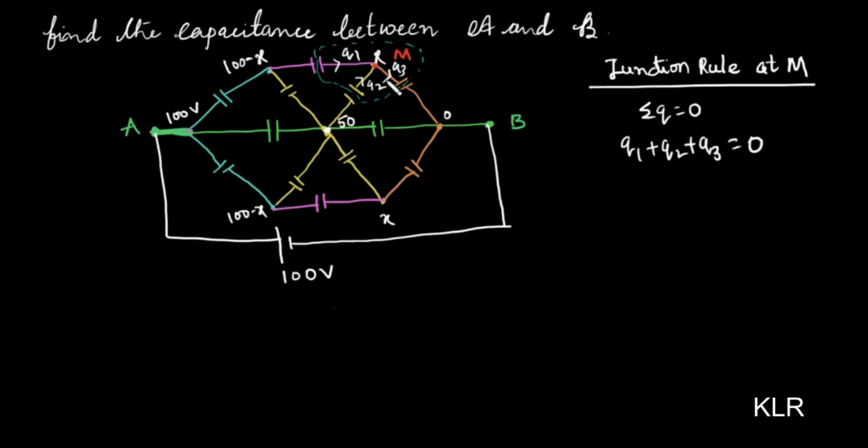Now Q1 is equal to CV, capacitance into potential difference.